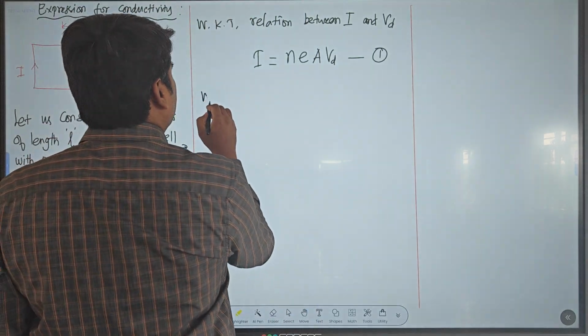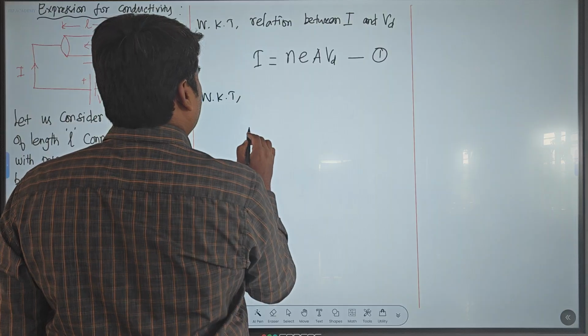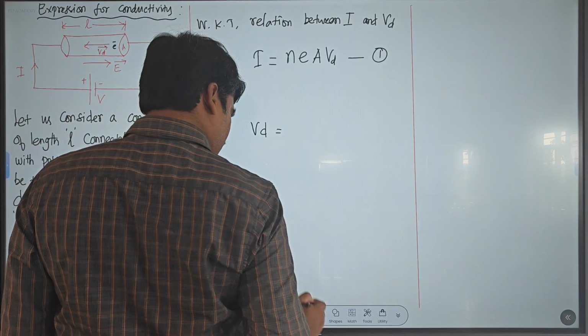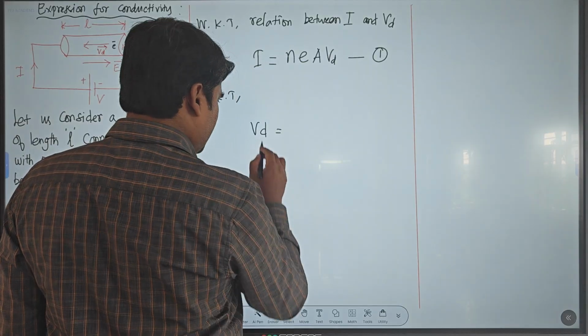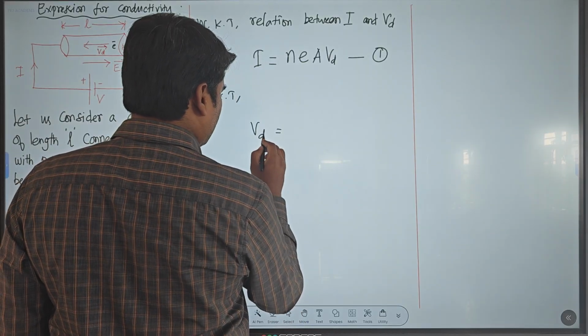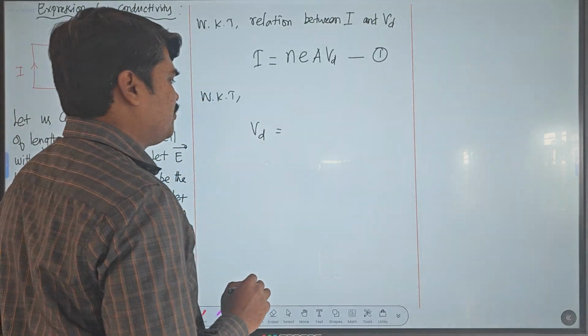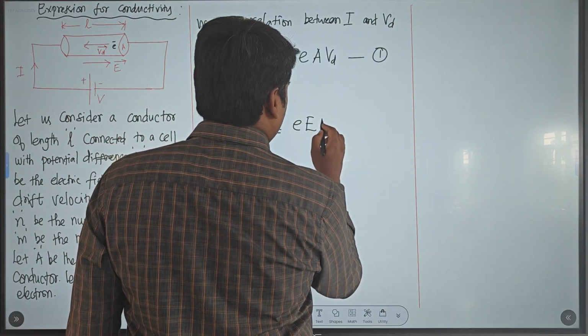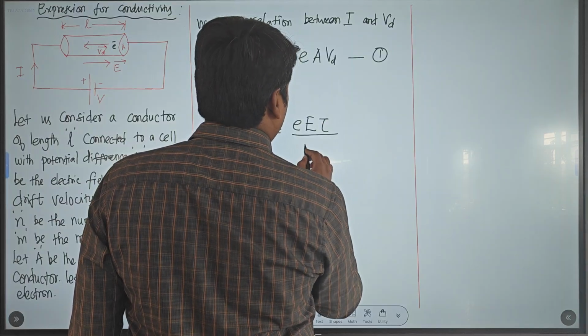Now we know that drift velocity Vd, again this has to be like a subscript only, you also should stick to that. If you write it like a letter, it will lead to confusion. So Vd is equal to e E into tau by m.